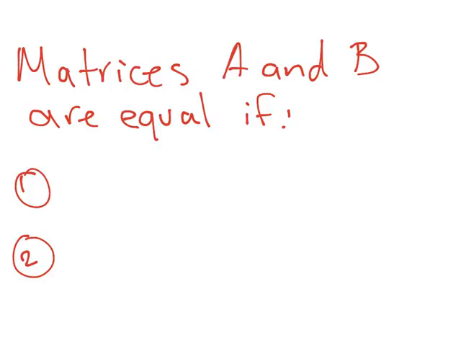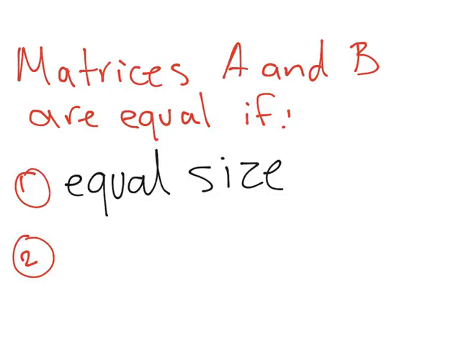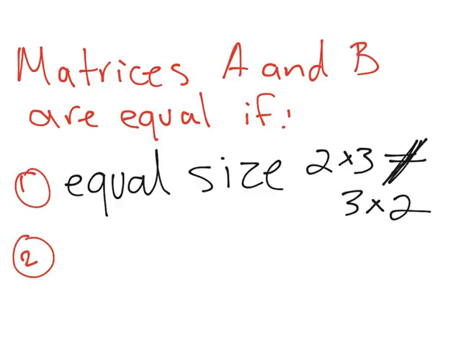Now, to know if two matrices are equal, A and B must be of equal size. And remember what I said previously: 2 by 3 is not equal to 3 by 2, because you want the size to be exactly the same. You want to have the same number of rows and the same number of columns.